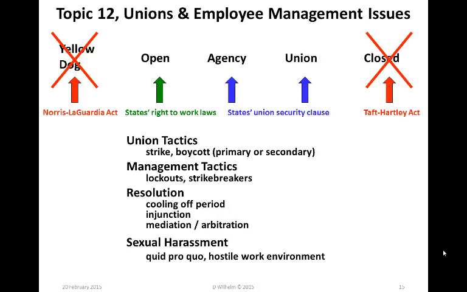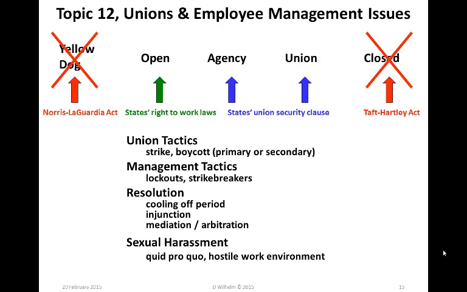Unions and employee management issues, primarily focused on unions. There are three types of unions in existence in the United States today. A union shop, as we call them: anybody can be hired by the company, but after some period of time, typically a month, the new employees have to join the union and start paying dues.